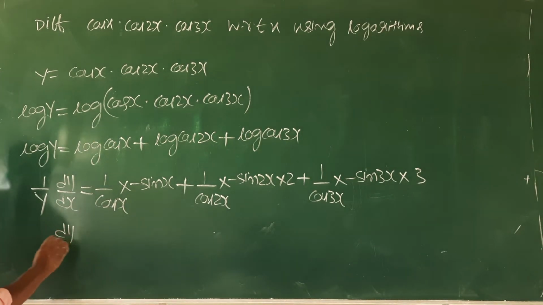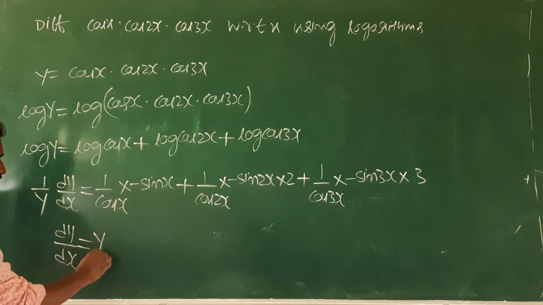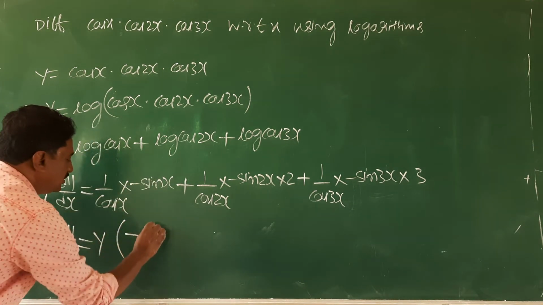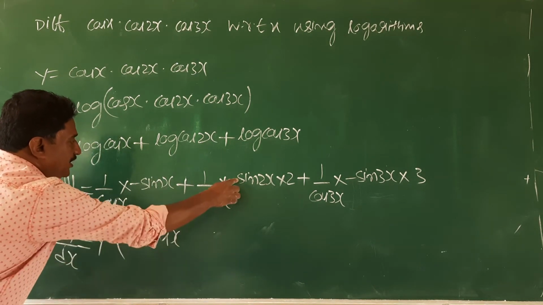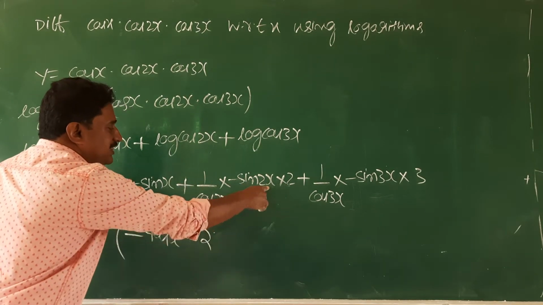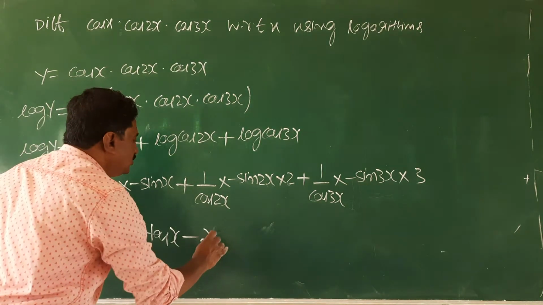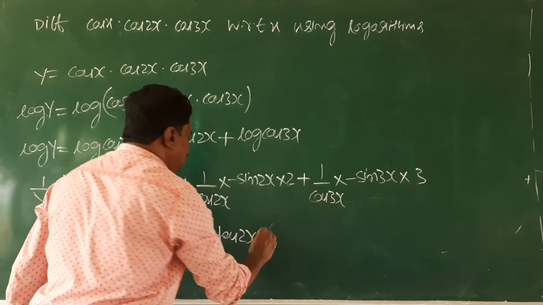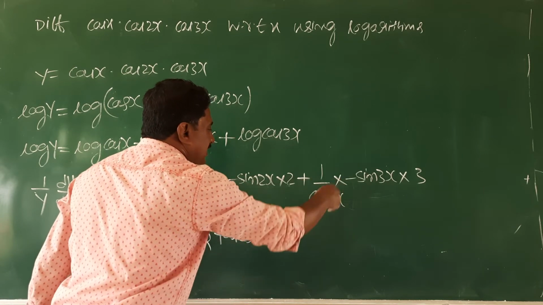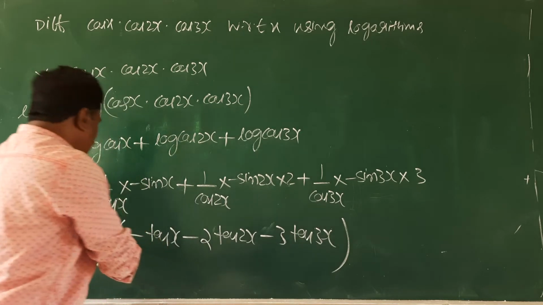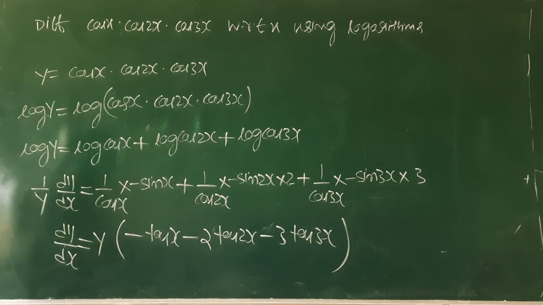So dy by dx is y into minus sin x by cos x, that is tan x, plus minus 2 sin 2x by cos 2x, that is tan 2x, plus minus 3 sin 3x by cos 3x, that is tan 3x. Substitute for y, students.